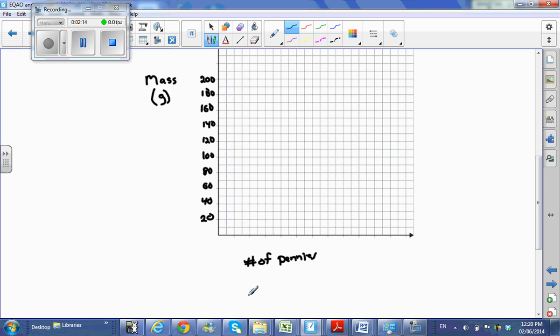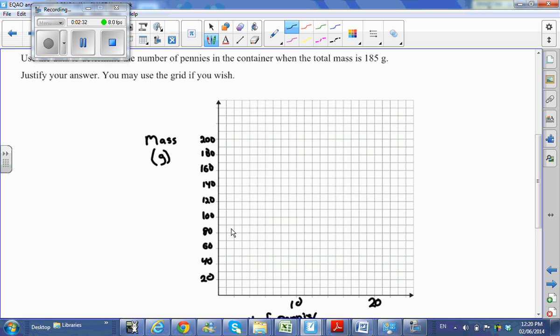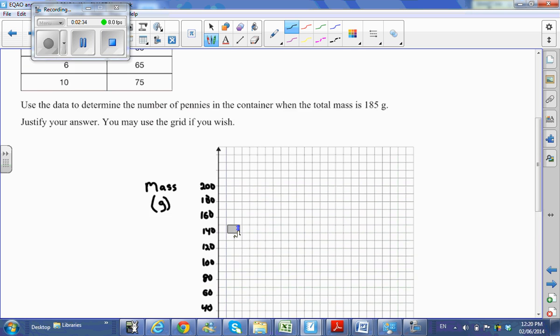So let's just see here. If I count 2, 4, 6, 8, 10, 12, 14, 16, 18, 20. That might even be a little tight on space, but we'll give this a go. And maybe that'll be enough information for us to come up with the equation. So 4 pennies was 60.